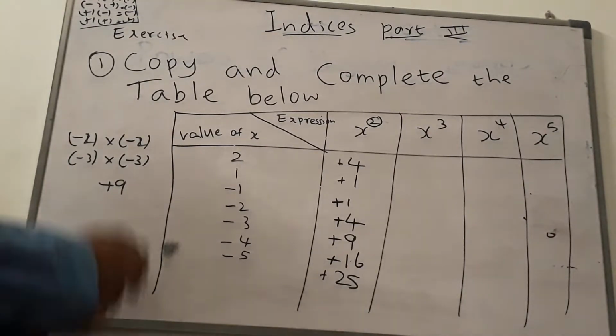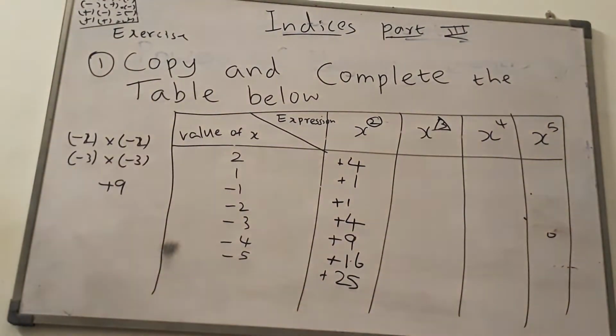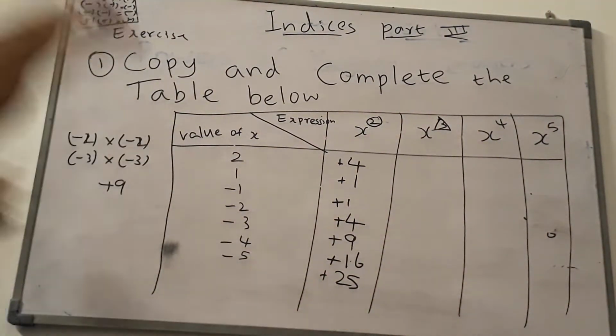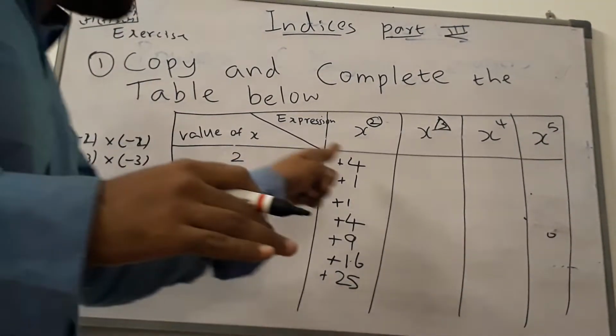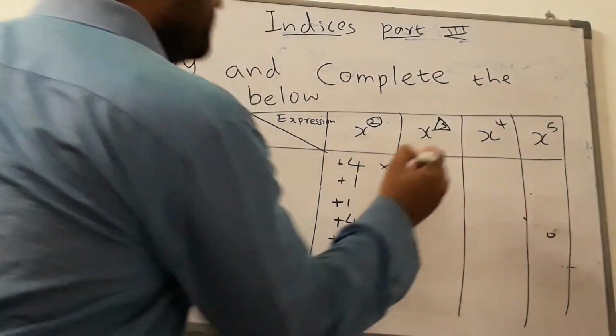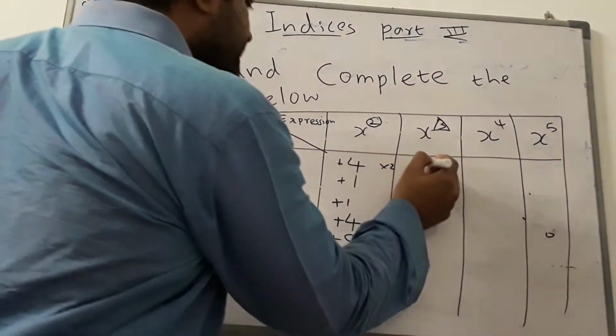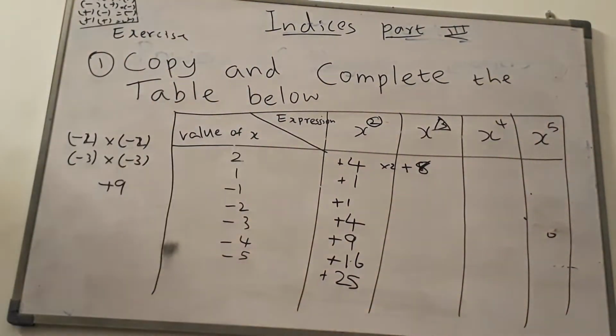What if the index is an odd number? What will happen? If it is plus 2, nothing changes, the sign won't change. 2 to the power 3 means 2 times 2 is 4, 4 times 2 is 8, and that is plus, because 2 is a positive figure.